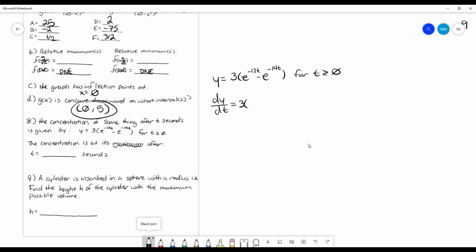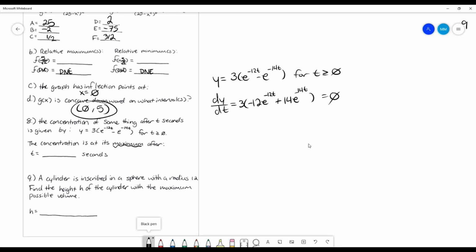I know the derivative of e to the power of anything is just itself times the derivative of that power. So the derivative of that's going to be negative 12 e to the negative 12t. And then same thing here, so it's going to be minus a negative, so plus 14 e to the negative 14t. And now we figure out where that is equal to 0. And that's a little bit of the tricky bit. So set that equal to 0.